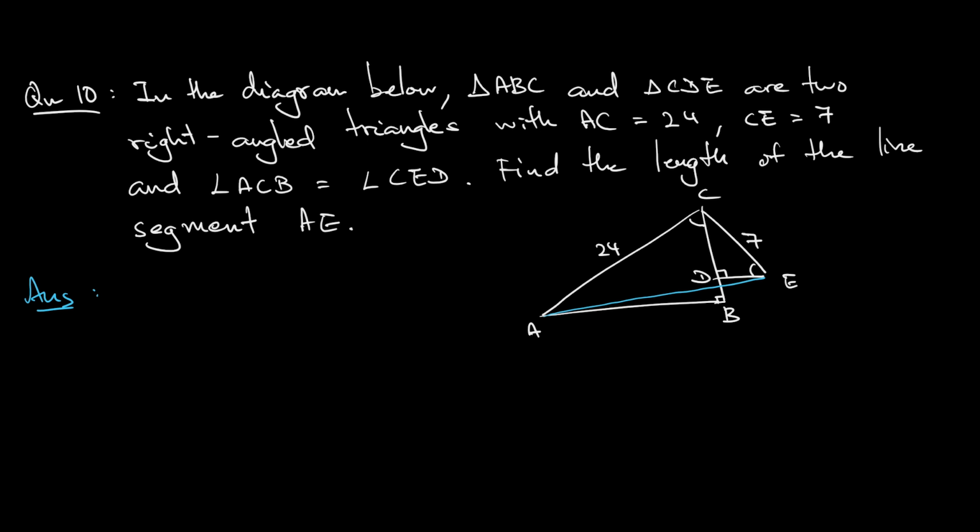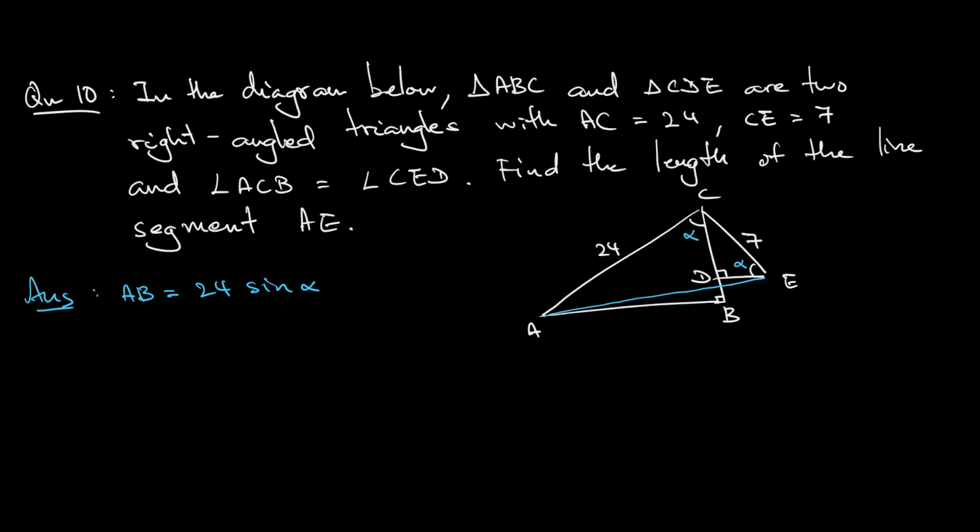So you have right triangles, and you know AC is 24, CE is 7. So in triangle ABC, okay, first probably let's say the angle here is alpha, and here should be also alpha, right? So in triangle ABC, if I want to find AB, that would be AC multiplied by sine alpha, right? But AC is 24, so there's 24 sine alpha.